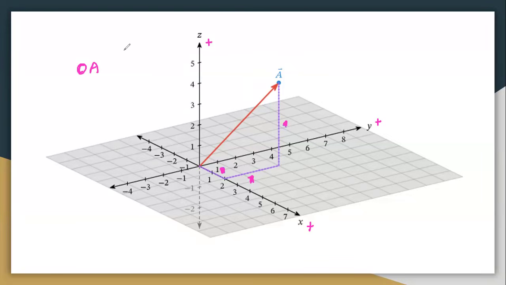Now, we said we must have the X component, the Y component, and the Z component. In order to reach where point A is, we start with the X. X will move 1 and 2, and since the direction is positive, we shall have positive 2.